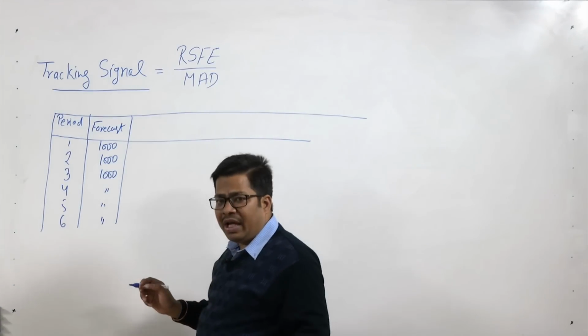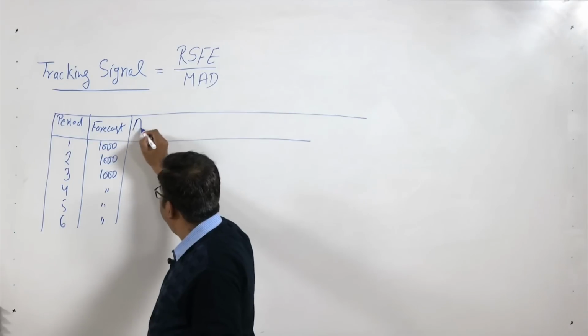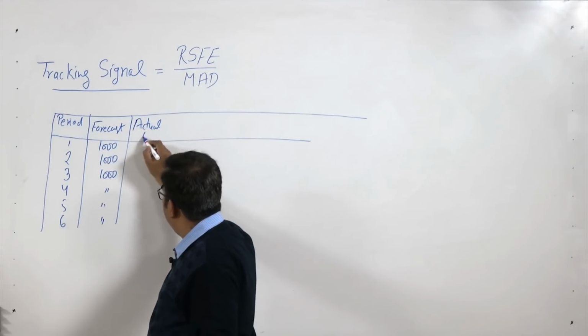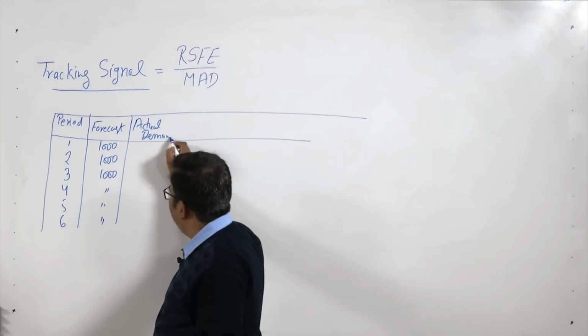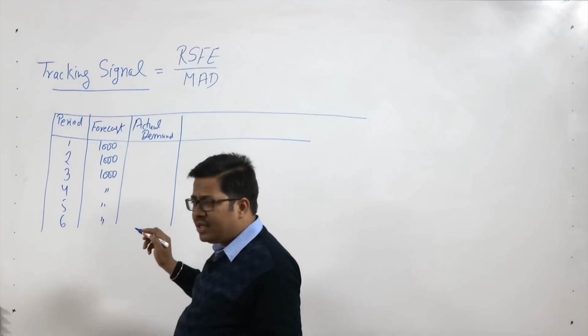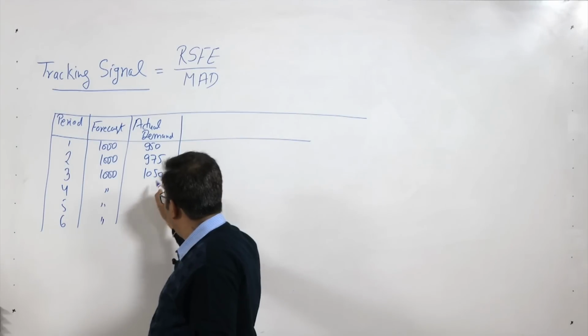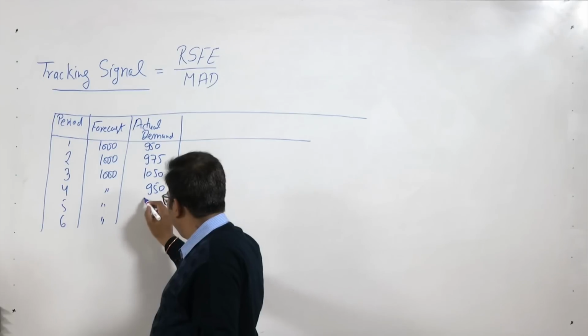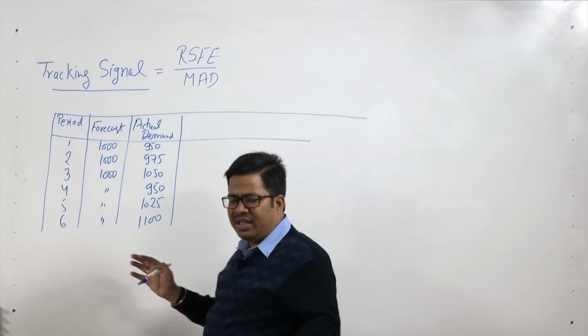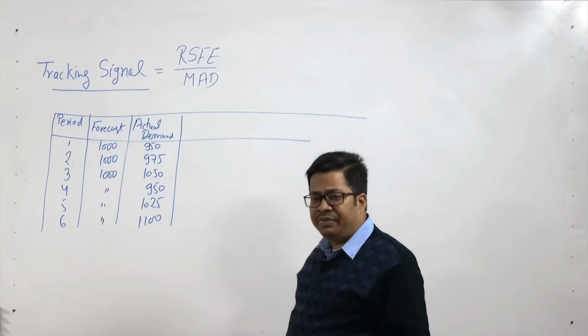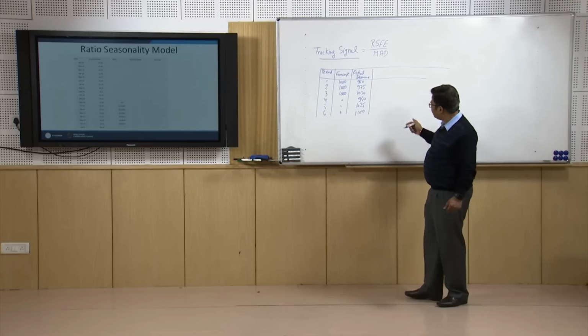Now, let us assume some values of the actual demand for these periods, and these demands may be 950, 975, 1050, then again 950, 1025 and 1100. Let us say these are the demand values over the periods.